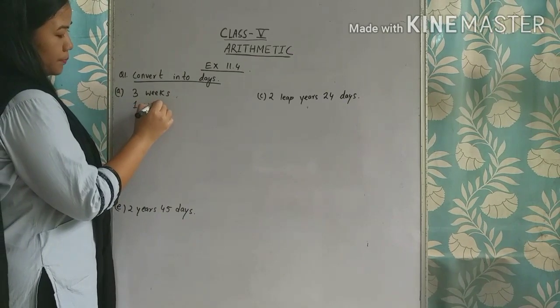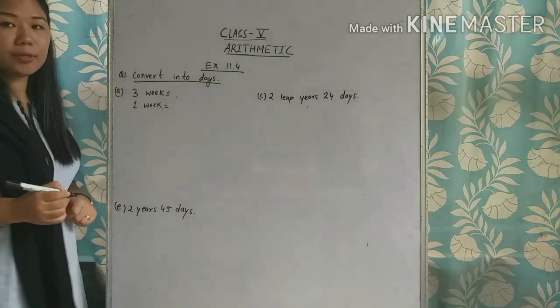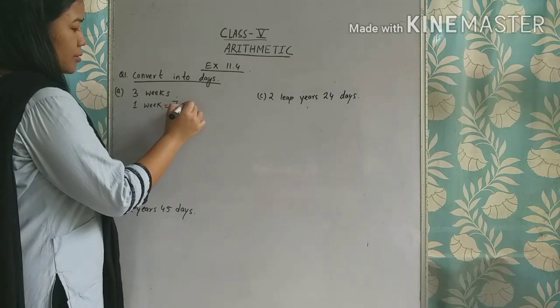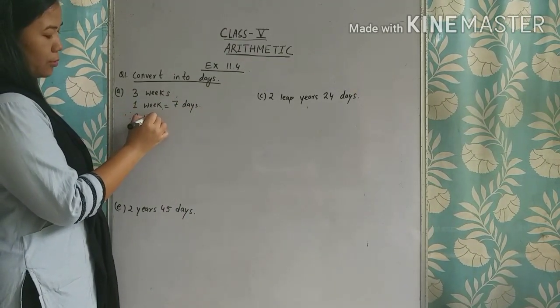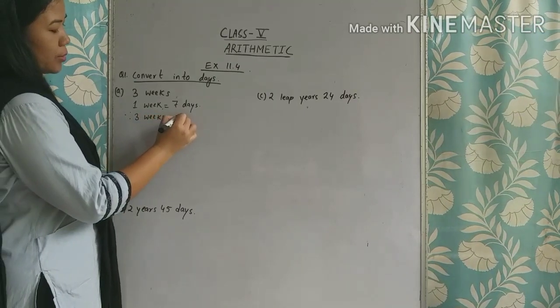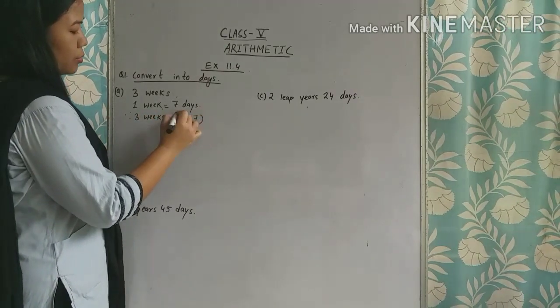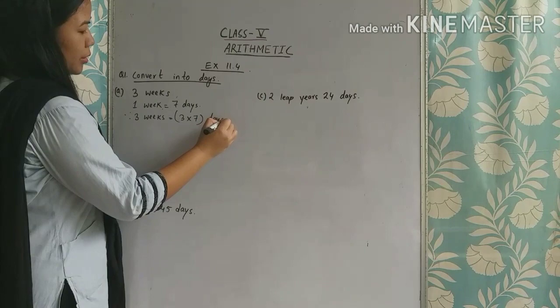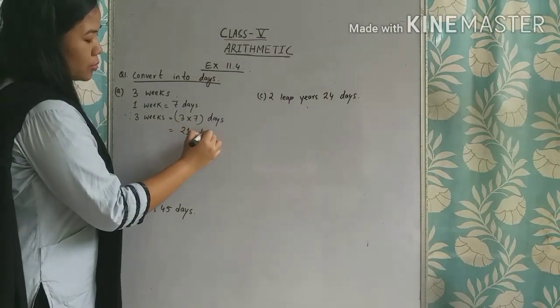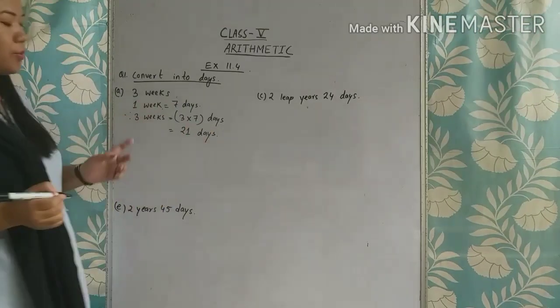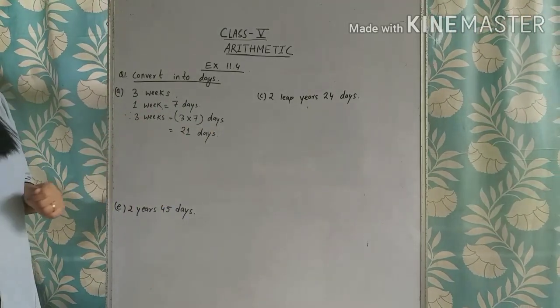We know that 1 week is equal to how many days? 7 days. So therefore 3 weeks is equal to 3 into 7 days. So 3 7s is 21. So 3 weeks is equal to 21 days.